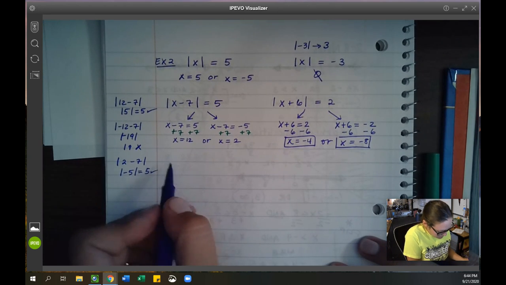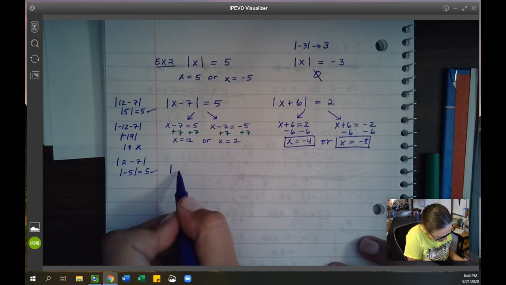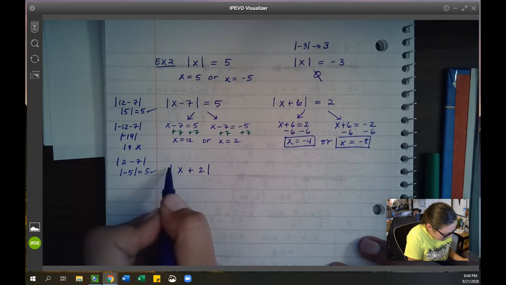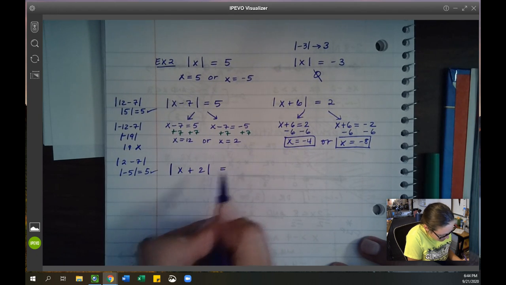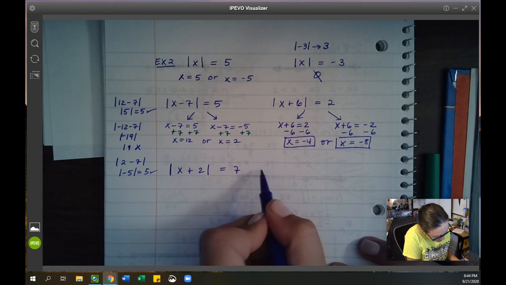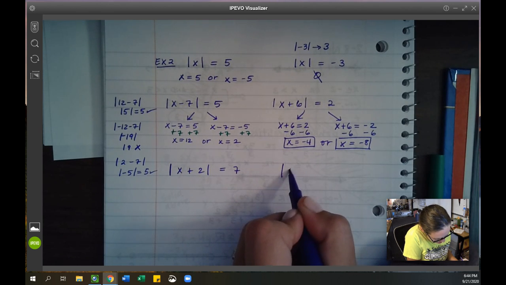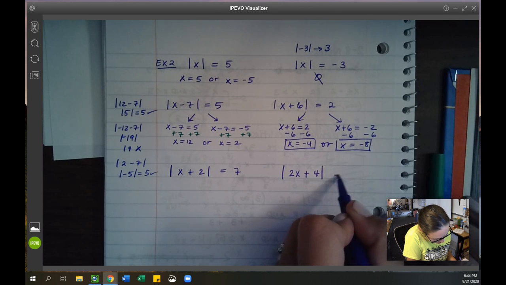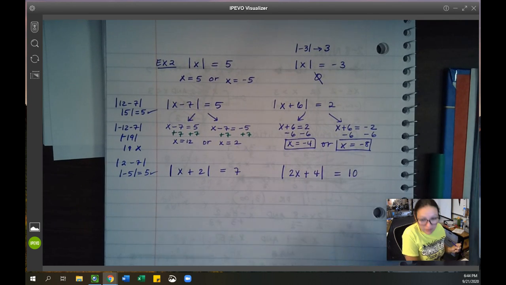Okay. Let's try these ones. Absolute value of x plus 2 equals 7, and absolute value of 2x plus 4 equals 10.